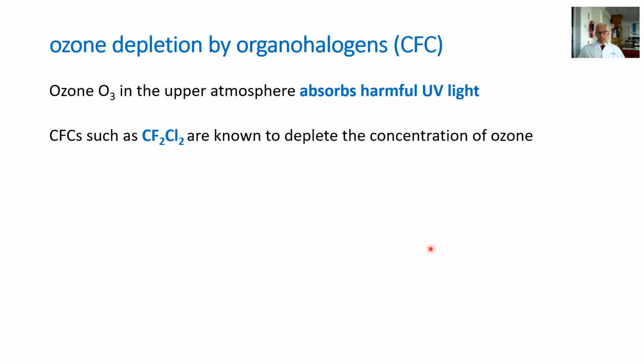CFCs such as CF2Cl2 are known to deplete the concentration of ozone, and you can look up the work of Molina and Farman, etc. if you wish. The first step is a homolytic fission of that CFC.